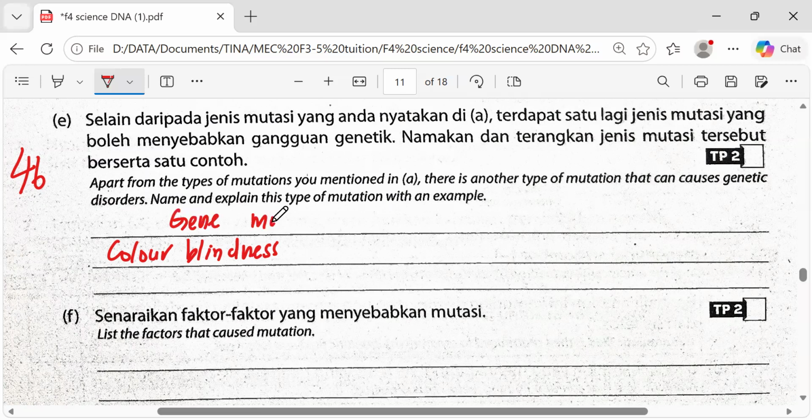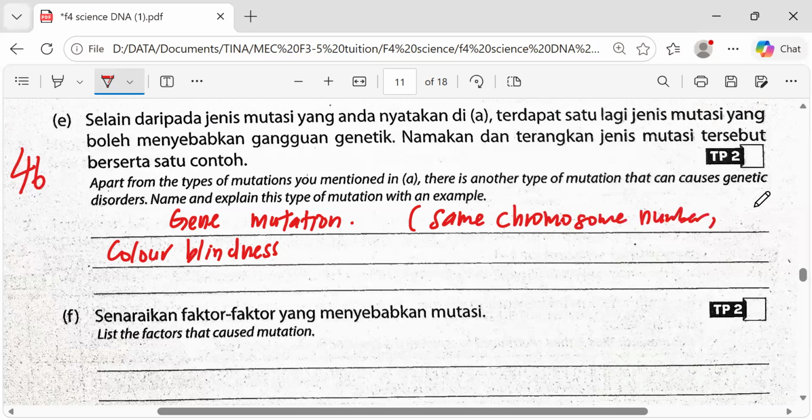The chromosome number is correct, but the gene itself is spoiled. Color blindness is caused by just one gene mutating.